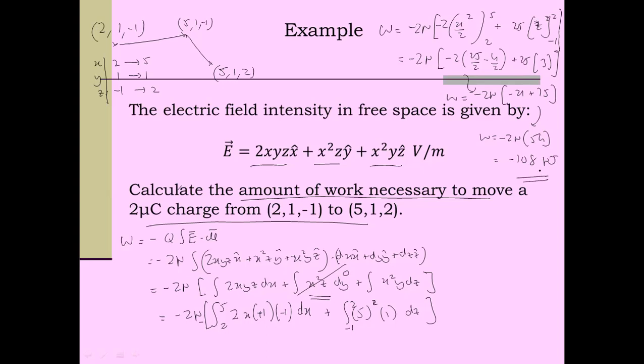So that should be the work required in moving a 2 microcoulomb charge from 2 1 -1 to 5 1 2 in the existence of this electric field intensity.